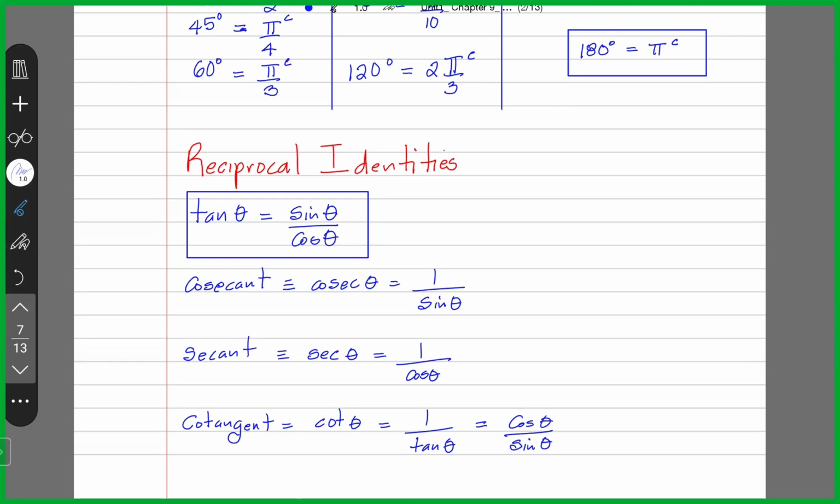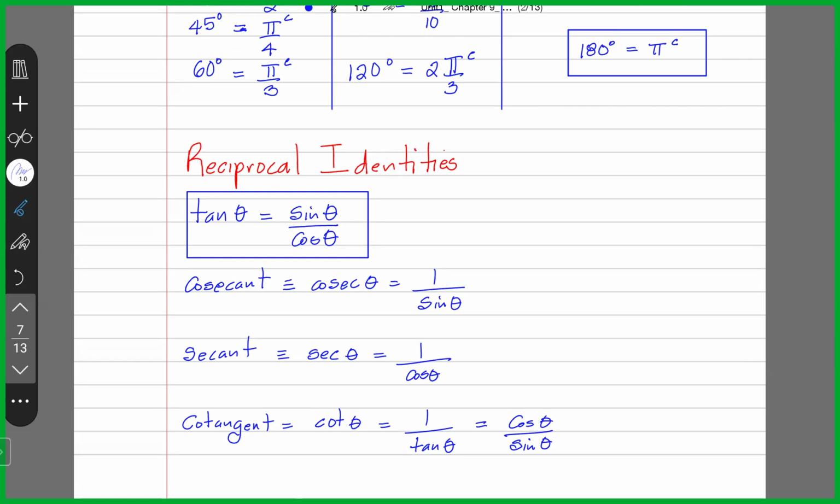The word cosecant, or cosec for short: cosec theta is 1 over sine theta. Secant, or sec for short: sec theta is 1 over cos theta.